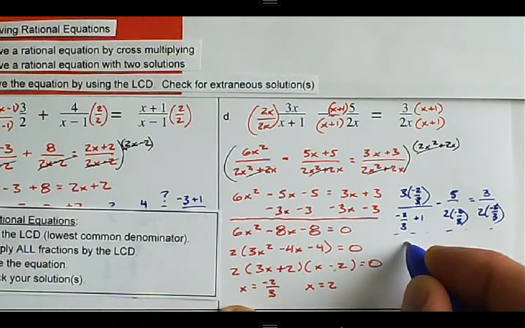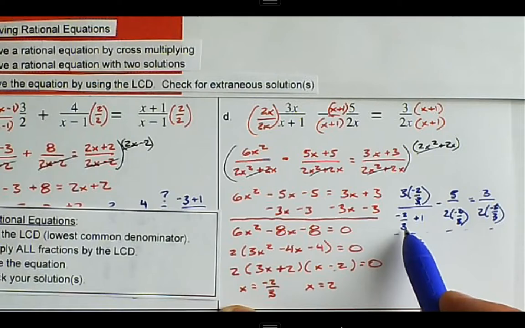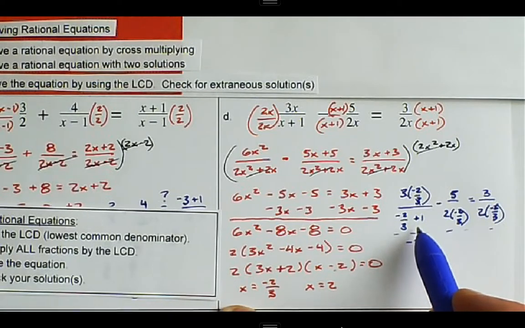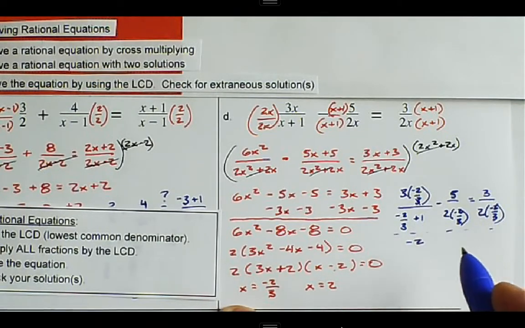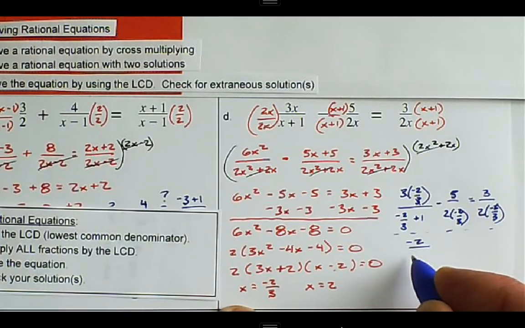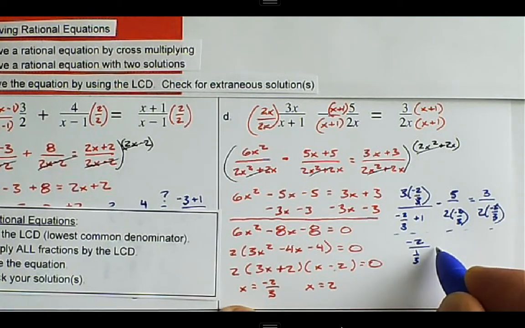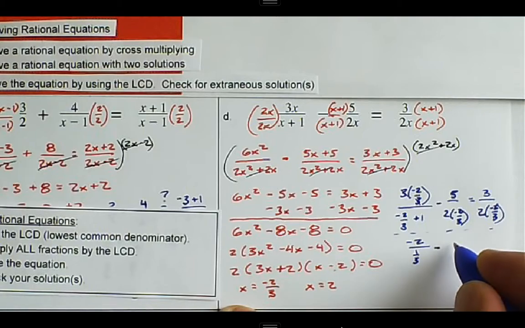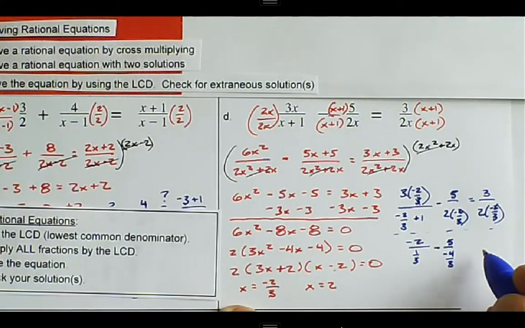So we get -2, and we have -2/3 plus 3/3. So that ends up being -2 over 1/3. And then minus 5 over -4/3. And that's going to be equal to 3 over -4/3.